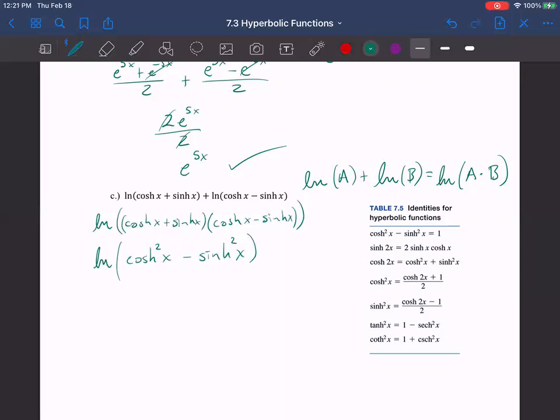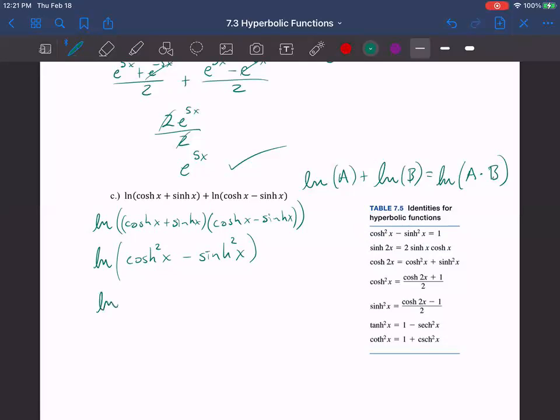All right. And what's cosh squared x minus sinh squared x? Oh, Patrick, not negative one. Yep, it's right here. Maybe I can let you have that on the test. That's our cosine squared plus sine squared equals 1, except here it's cosh squared minus sinh squared equals 1.